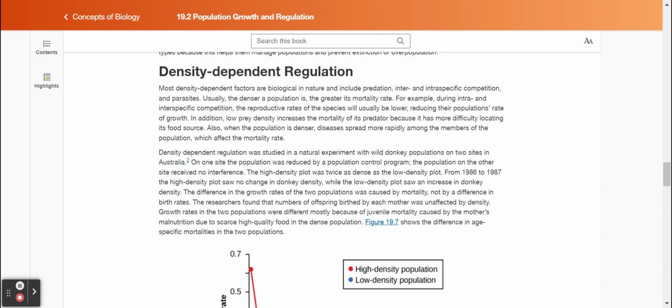In addition, low prey density increases the mortality of its predator because it has more difficulty locating its food source. Also, when the population is denser, diseases spread more rapidly among the members of the population, which affects the mortality rate.